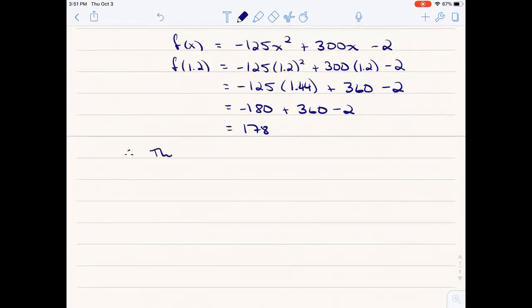Therefore, the function is maximized at x equals 1.2.